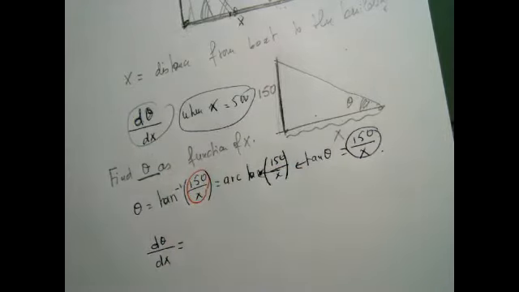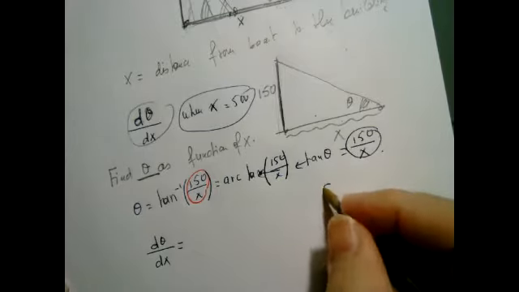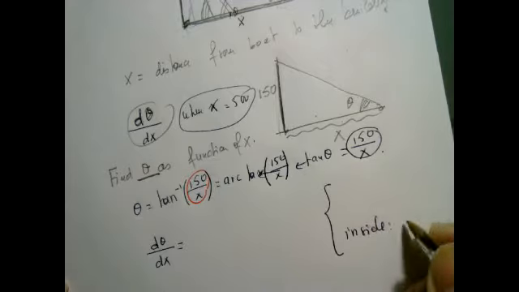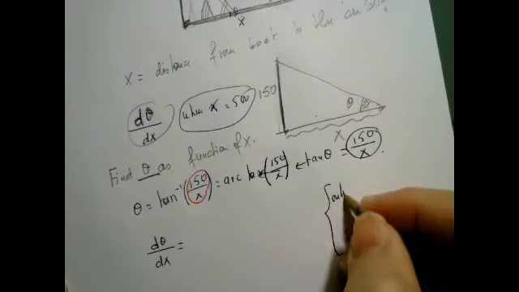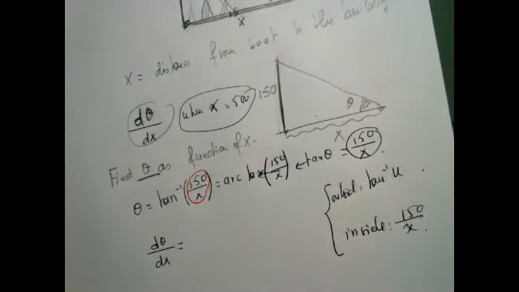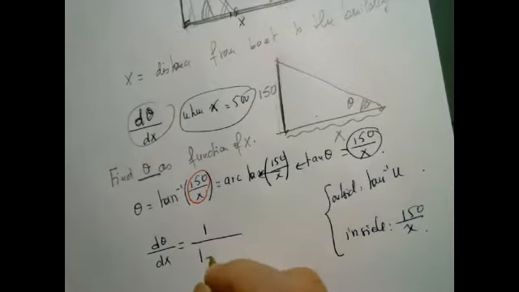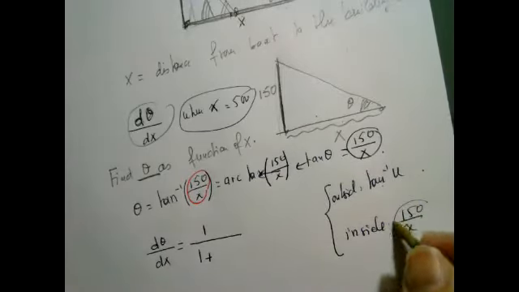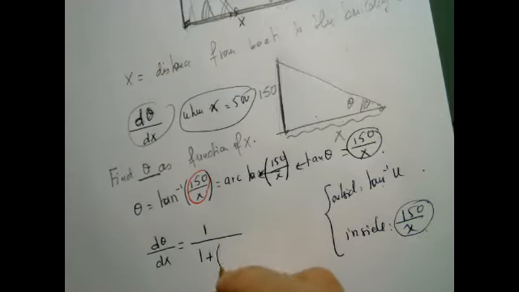The inside is 150 over x, and the outside is the tangent inverse. So what is the derivative? The derivative of tangent inverse is 1 over 1 plus u squared, evaluated at the inside.